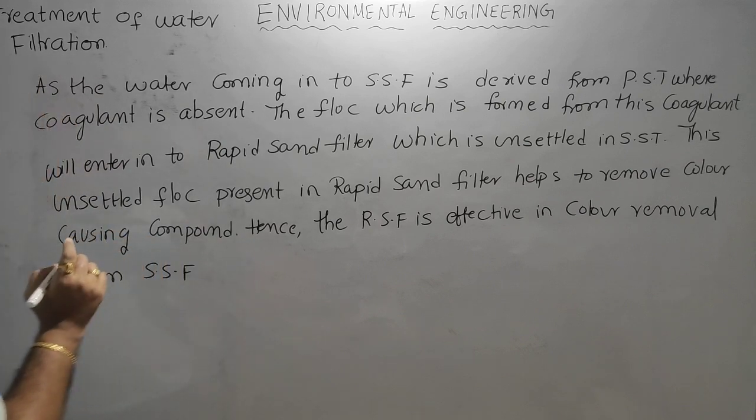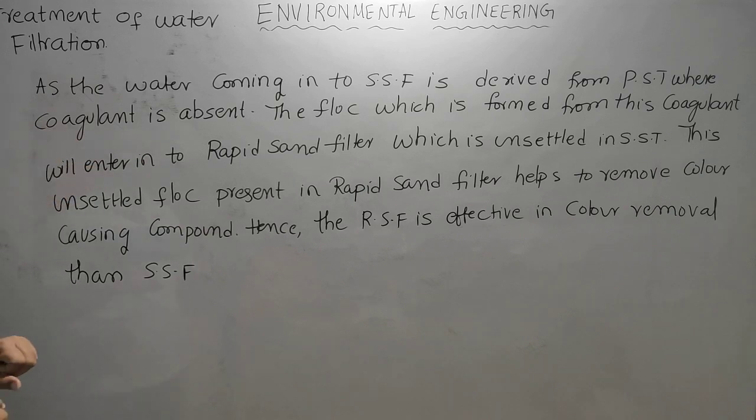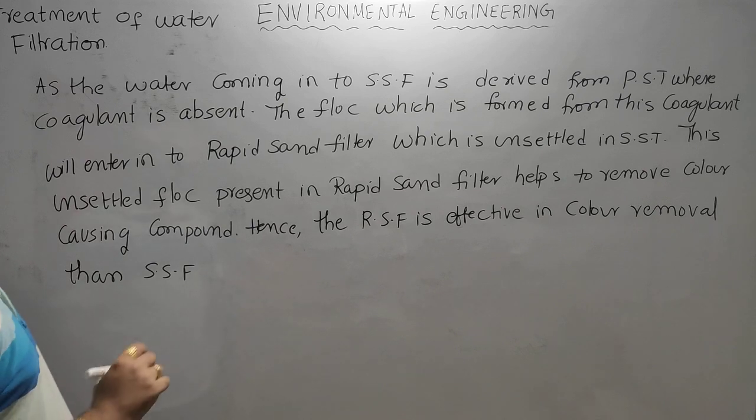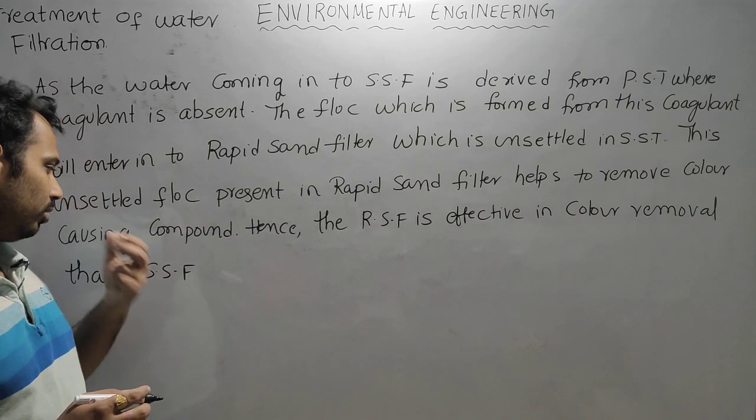As the water coming to the slow sand filter is derived from the primary sedimentation tank, where coagulant is absent, the floc which is formed from this coagulant will enter into the rapid sand filter, which is unsettled in the SST, secondary sedimentation tank. This unsettled floc present in the rapid sand filter helps to remove color causing compounds. Hence the rapid sand filter is effective in color removal than SSF, slow sand filter.